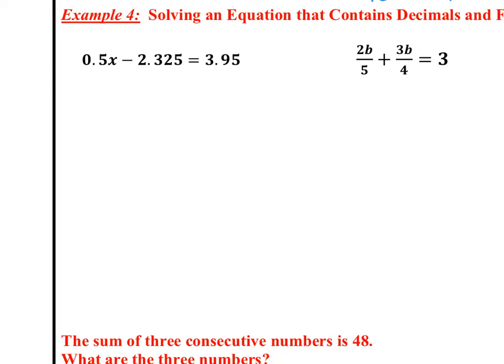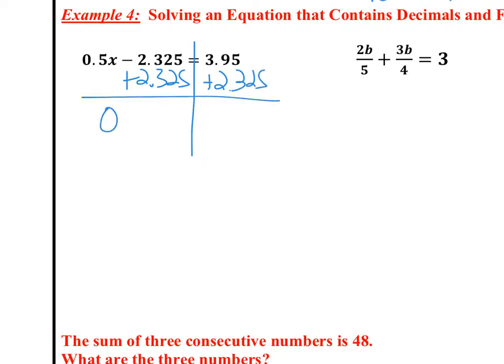So for our first one, what I would want to get rid of first is the subtraction, so I would add 2.325 on both sides, and that would give 0.5x equals 6.275.